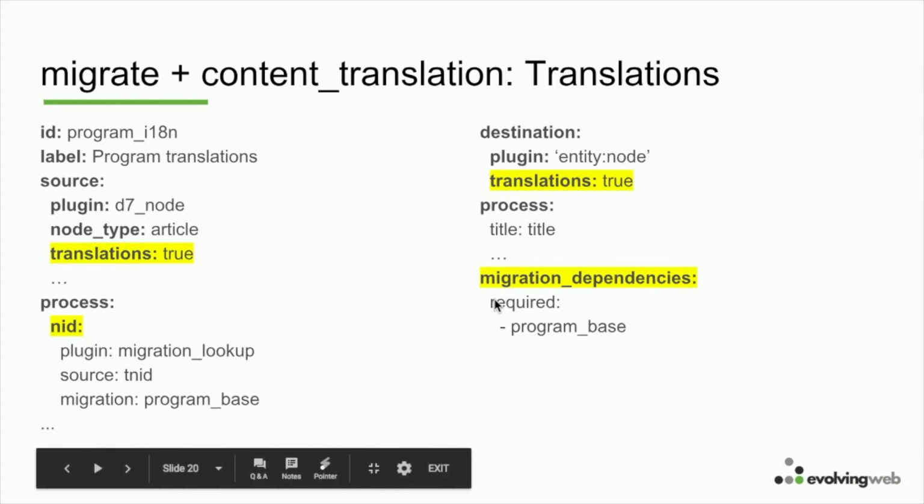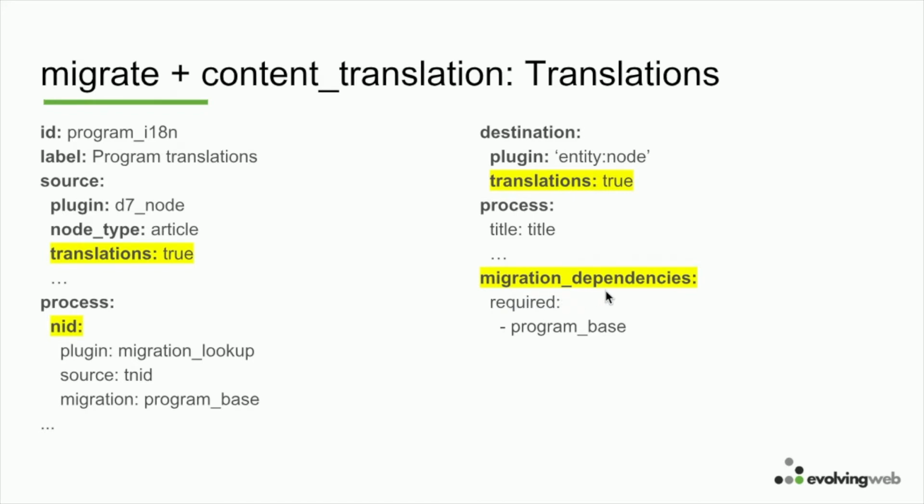And okay, there's one more minor thing which I was missing, is you always want to run the base translation migration, base data migration, before the translations. So you want to mention a migration dependency on the base data. This will make sure when you run all migrations, you won't be able to migrate the translation data before migrating the base data.